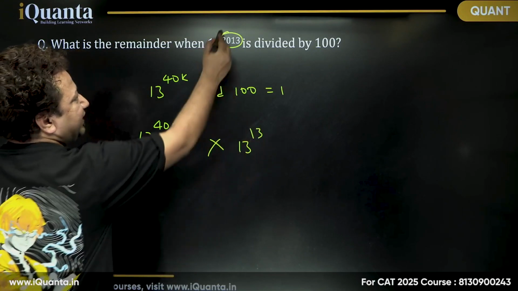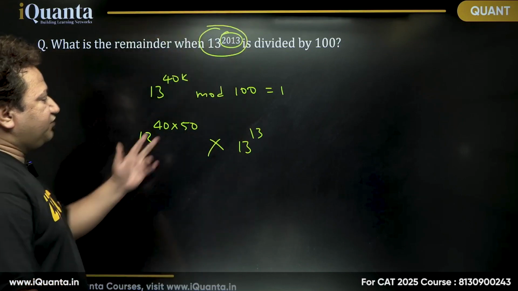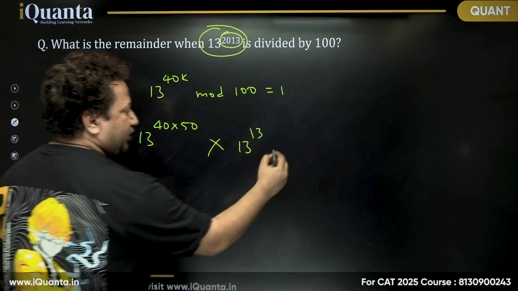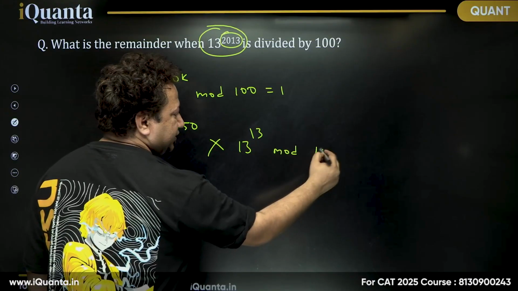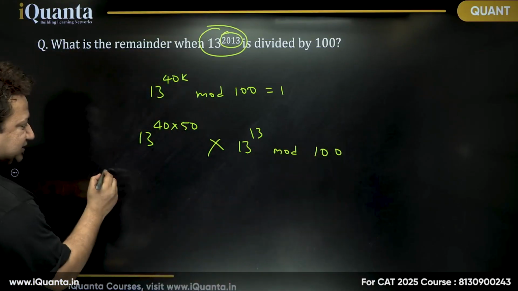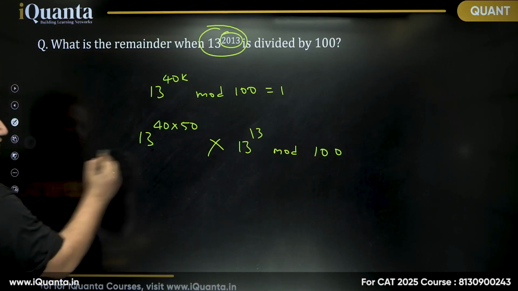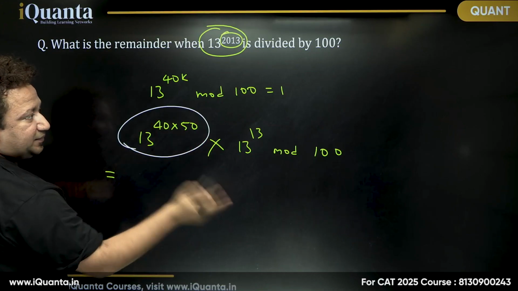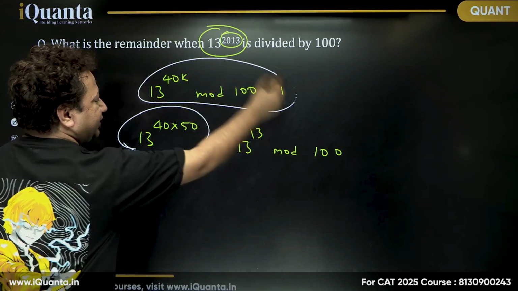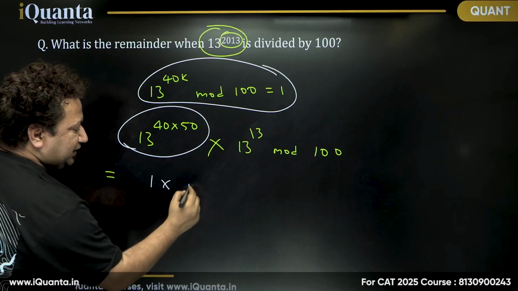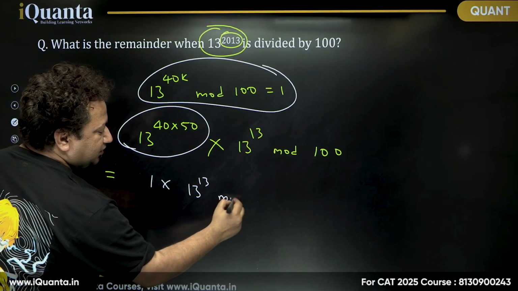That is how I have broken this. 2000 plus the remaining 13, mod 100. Now, as I see here, for the first term, the remainder will be 1. All right. So we have 1 here. Now we are only left with 13 to the power 13 mod 100.